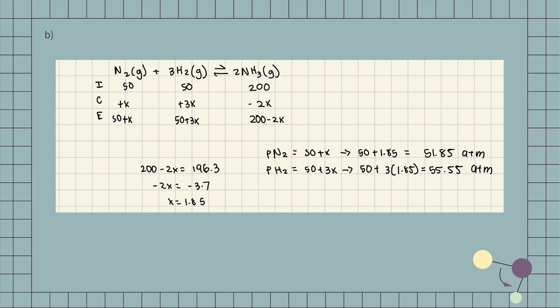Then I plugged this x into the equilibrium pressure equations that I got from the ICE table, and this yielded N2 having an equilibrium partial pressure of 51.85 atm, and H2 having an equilibrium partial pressure of 55.55 atm. Thank you.